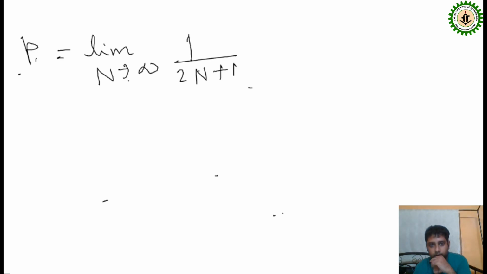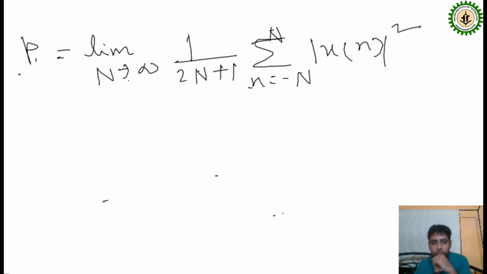So we represent the average power by P. P is equal to limit n tends to infinity 1 by 2n plus 1 summation n is equal to minus n to plus n mod of x[n] whole square. This is the formula for average power of a signal.